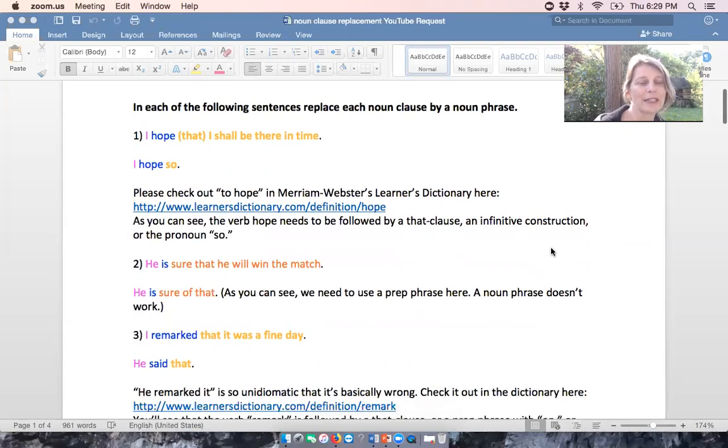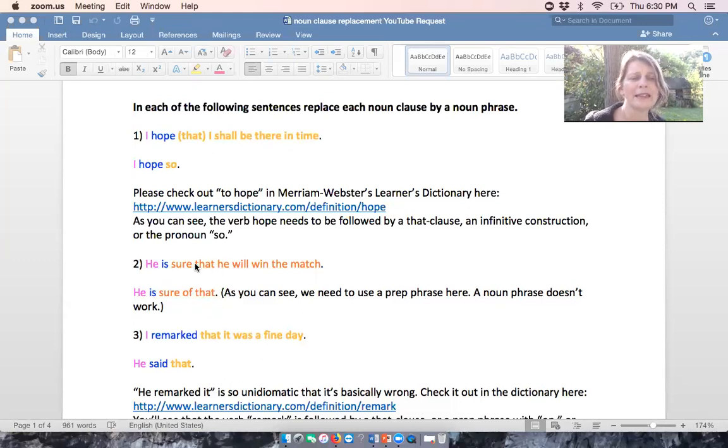Okay, the next sentence was, he is sure that he will win the match. Now, in this original sentence, sure that he will win the match is a subject predicative, sometimes called complement to the subject, and in traditional grammar called a predicate complement. And the head of it is realized by an adjective phrase. The head of the phrase is the adjective sure, and it's modified by this that clause.